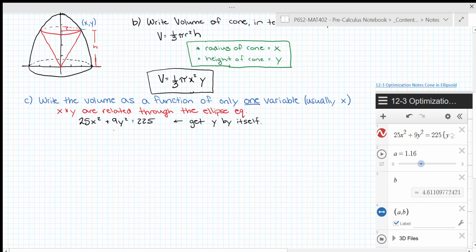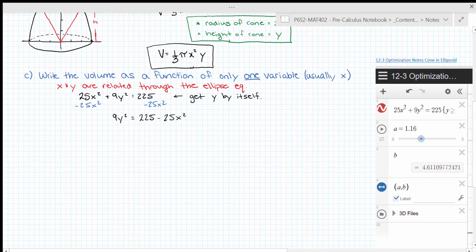In order to get y by itself, I need to move everything away from the y. So again, reverse order of operations, kind of undo PEMDAS. I'm going to move that 25x squared first. So I end up with 9y squared equals 225 minus 25x squared.